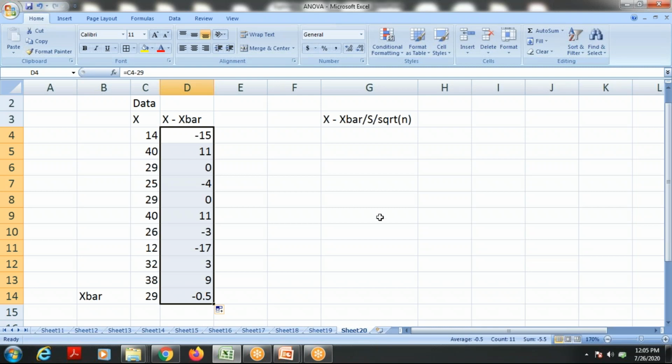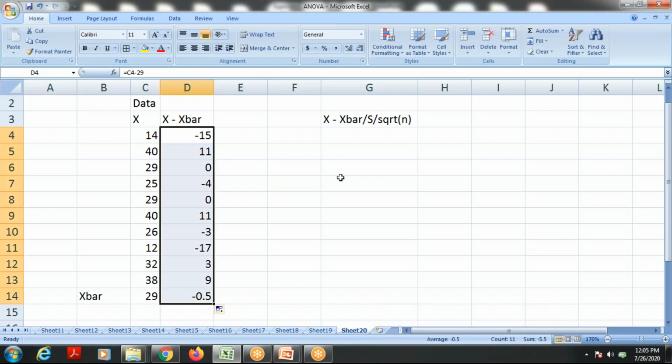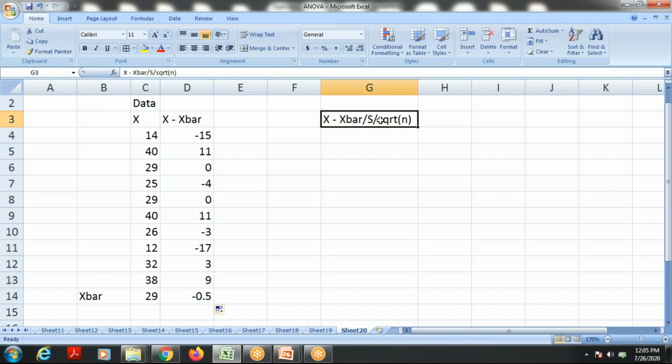Now, there is something more. We are going to calculate the T value for each and every point. In that case, you need to first calculate the standard deviation, and corresponding to each and every number, you will be calculating the T value.